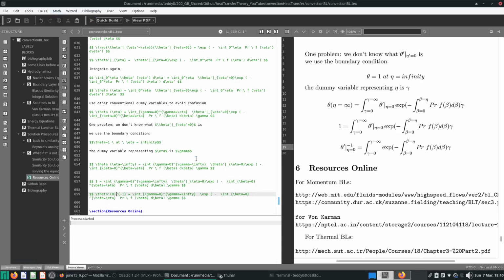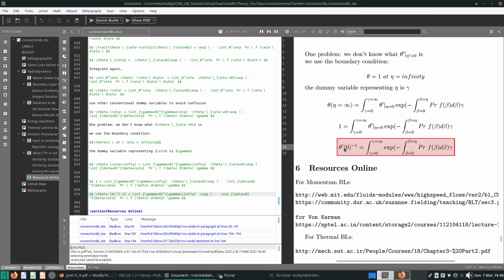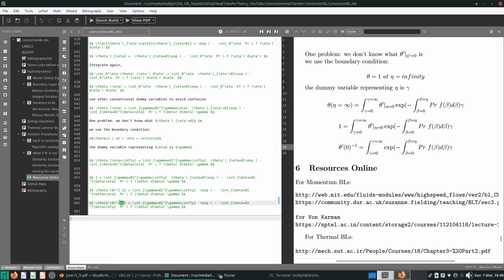Okay, because that's an easier way. Okay, and this is our value of theta prime 0. Of course, I need to bring the minus 1 to the other side to make it complete.